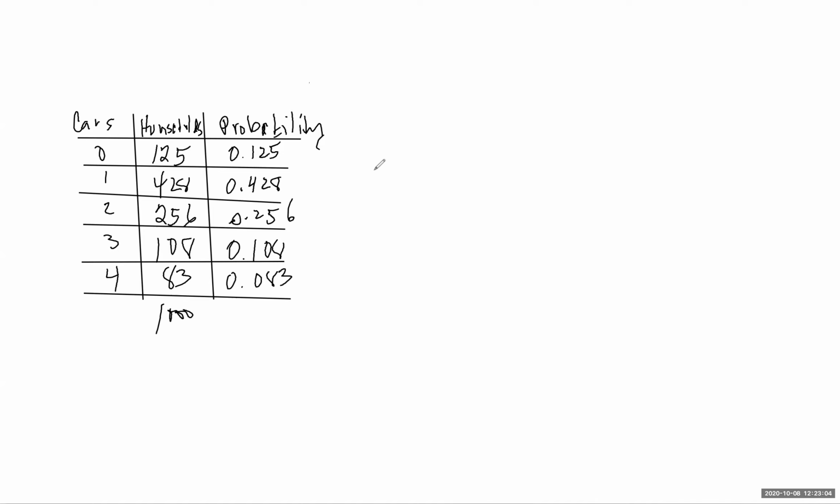Then we're asked, what's the probability of randomly selecting a household and seeing that they have less than 2 cars? Well, when we say less than 2, we mean 0 and 1. So that is those 2 rows.